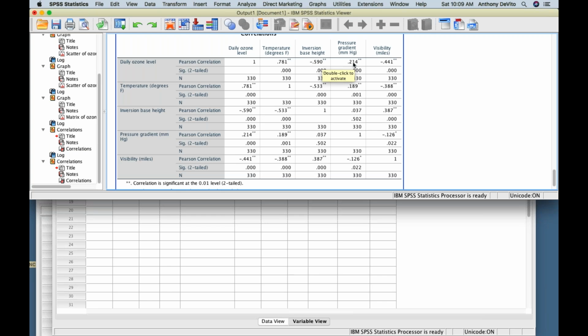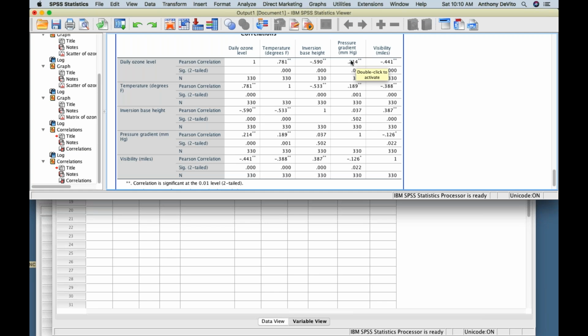Pressure gradient. The higher the barometric pressure is, the higher the ozone level is. Higher barometric pressures are probably associated with certain kinds of fronts. So maybe they're more likely to be a thermal. I'm going to come back to that, but there's reasons why this might be true.